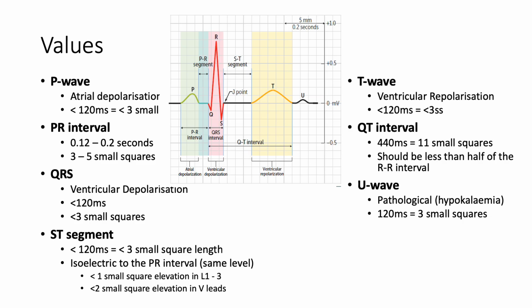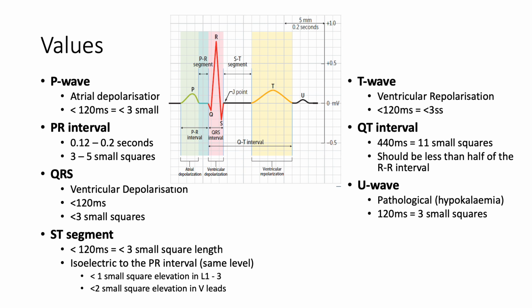So using that image and having a look at the expected values for the different components of the ECG, we can see that 3 is a pretty nice number. If you're ever worried, 3 is going to be in there somewhere, and generally less than 3.